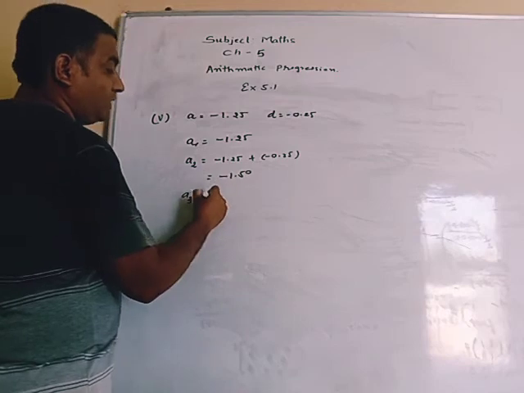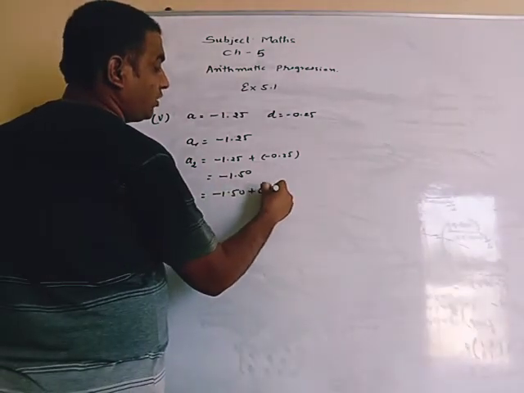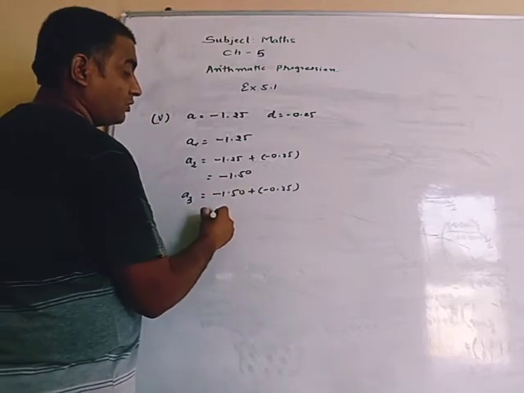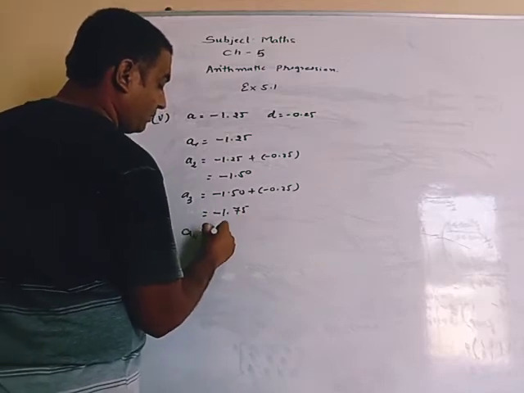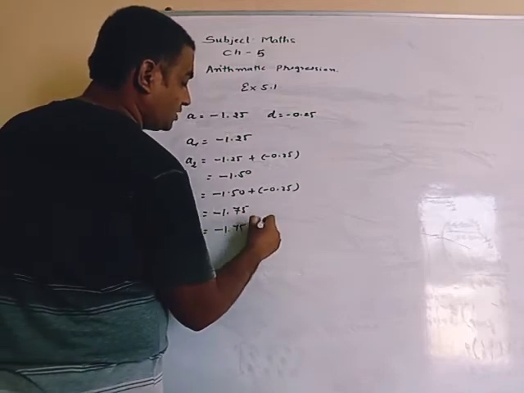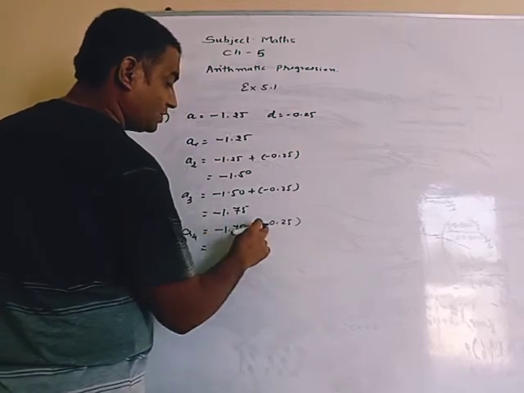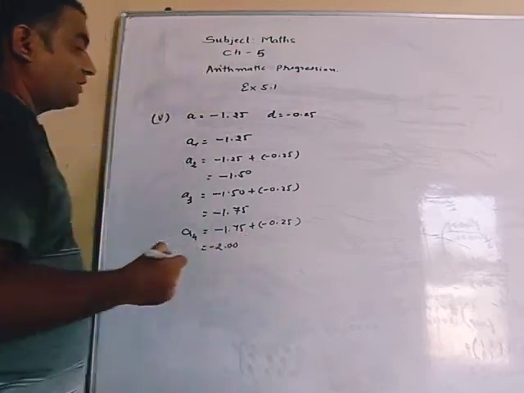A3 will be minus 1.50 plus minus 0.25, so again minus 1.75. A4 will be minus 1.75 plus minus 0.25, and we will get minus 2.00.